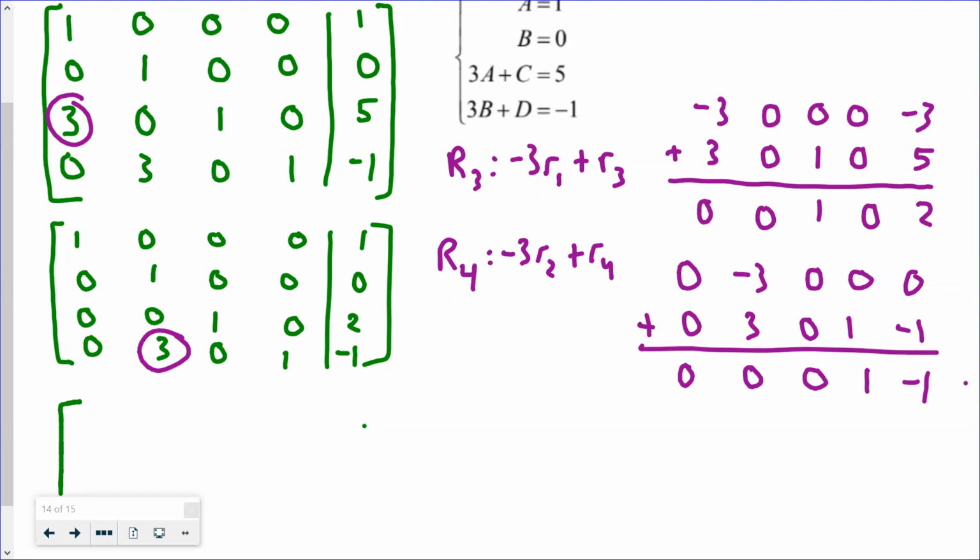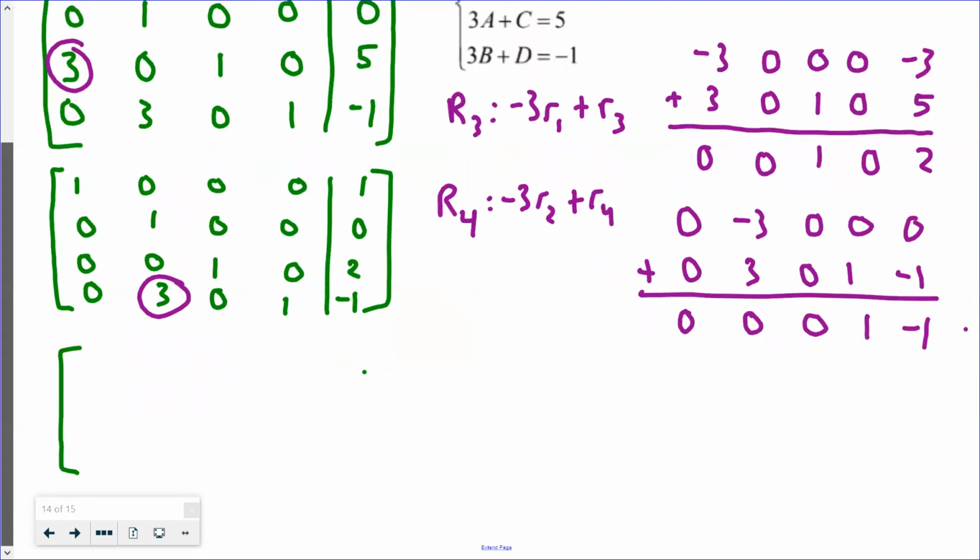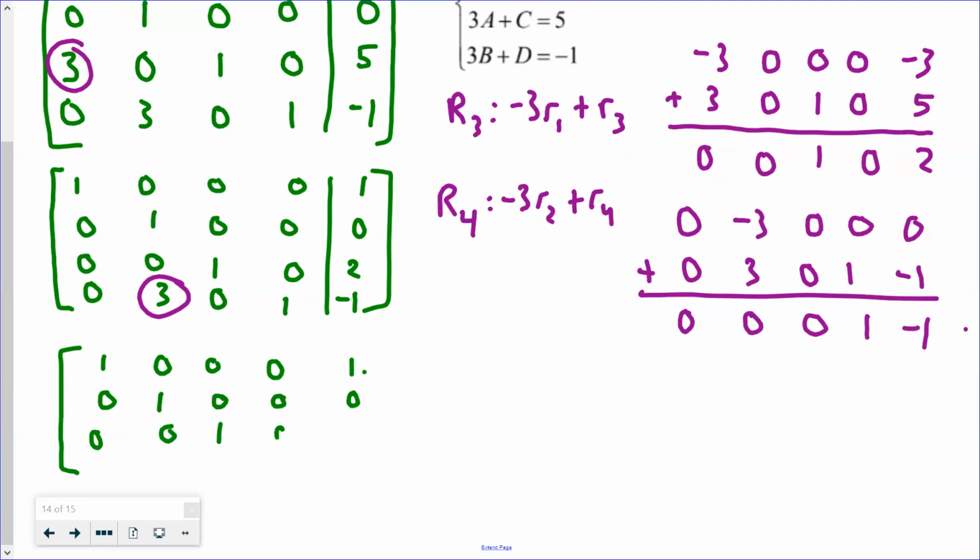So rewriting this out, first row did not change. Second row did not change. Third row did not change. The last row is now that. And there we go.